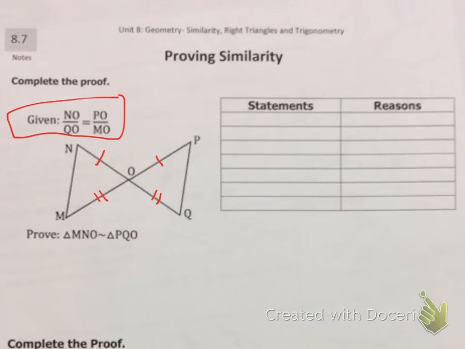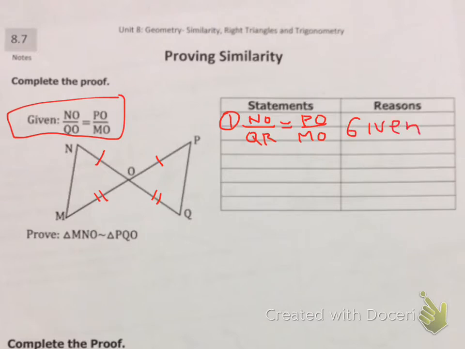So when we're proving that, now that we have that information, we can write that down over here. I'm writing bigger than the lines are, but PO is congruent to MO. And the reason for that was that that information was given to us.